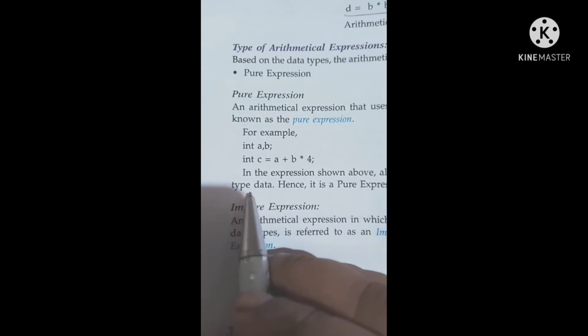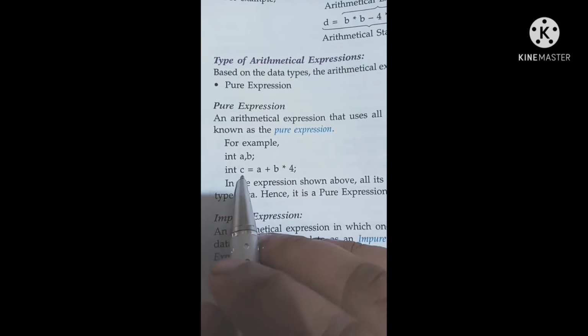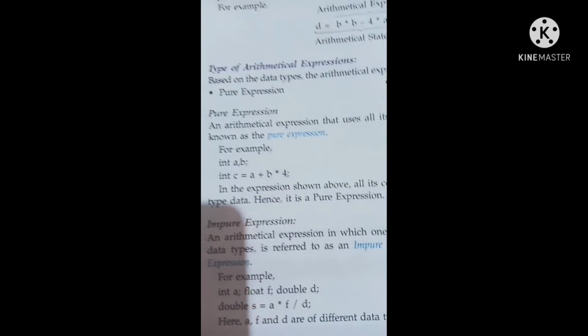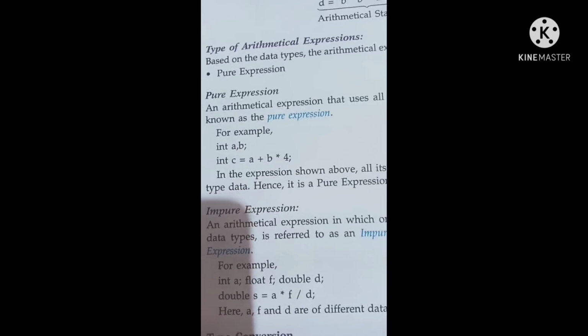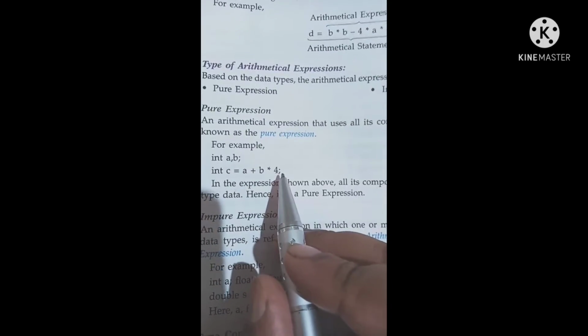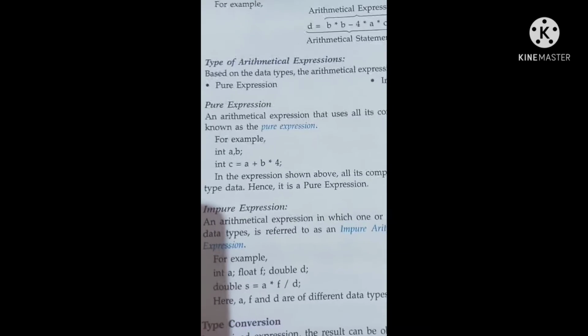In the expression shown above, all its components like a, b and 4 are integer type data. Hence it is a pure expression. c is also an integer, a, b, all these things, and the number constant is also an integer. So it is very easy, a pure arithmetical expression, we can find it very easily.